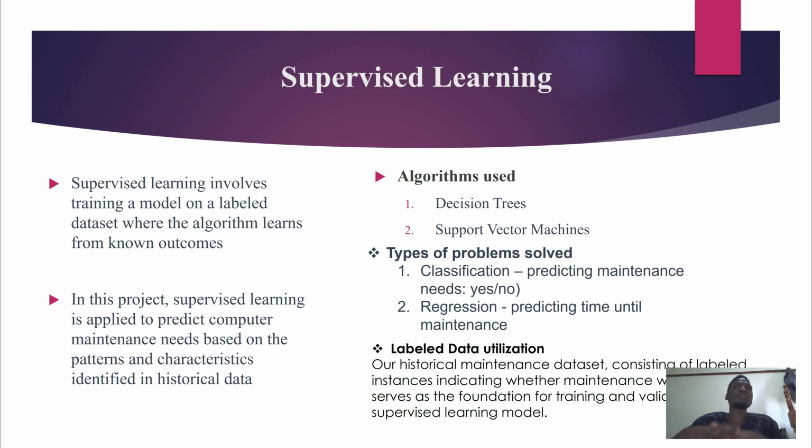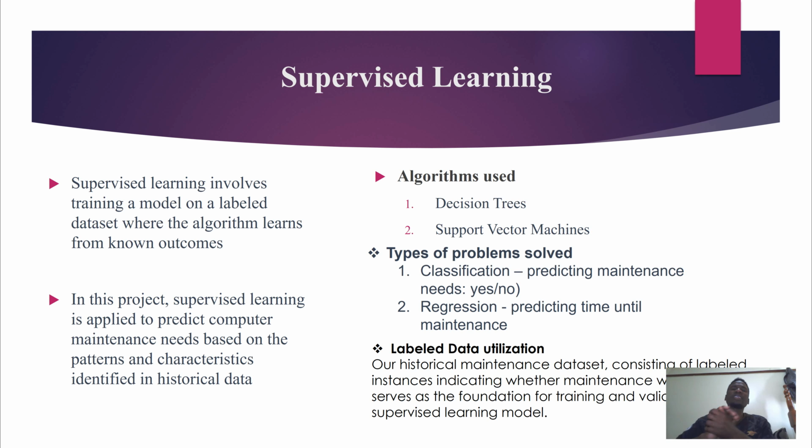So the algorithms used shall have decision trees and support vector machines, and the types of problems solved shall have classification, which is predicting maintenance needs basically. Then we shall have regression, which is predicting time until maintenance. So we have labeled data utilization.